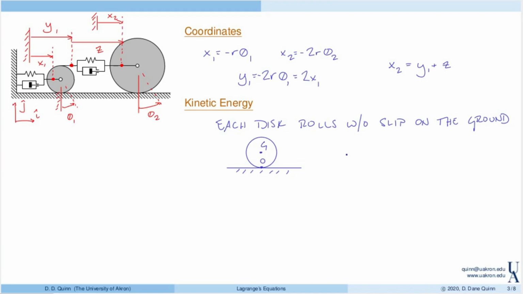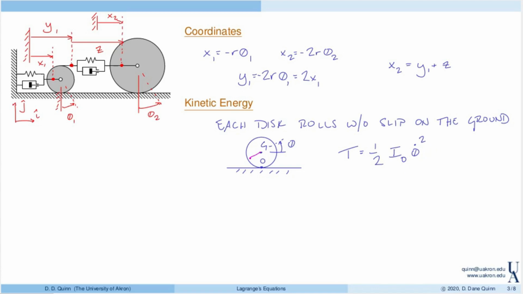Then we've shown that the kinetic energy is 1/2 times the moment of inertia about the contact point times theta dot squared, where theta here is the rotation. So this encompasses both the kinetic energy due to the translation of the mass center, as well as the rotation of the disk as well, defined by theta.